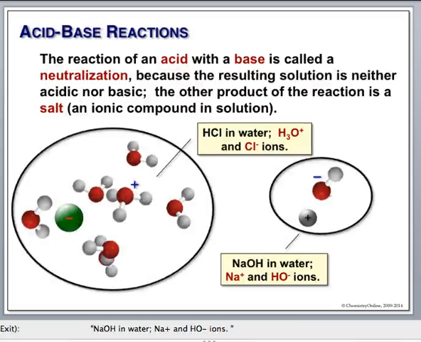Strong acid, so essentially 100% ionized. Over here in this corner we have sodium hydroxide. Sodium cation, hydroxide anion. Strong base, 100% ionized. When we mix these two, hydroxide is going to react with the hydronium, pull off its proton, and sodium is going to go along for the ride.